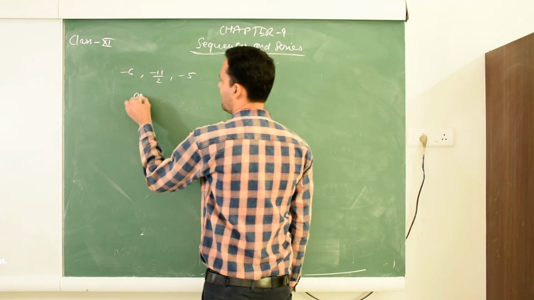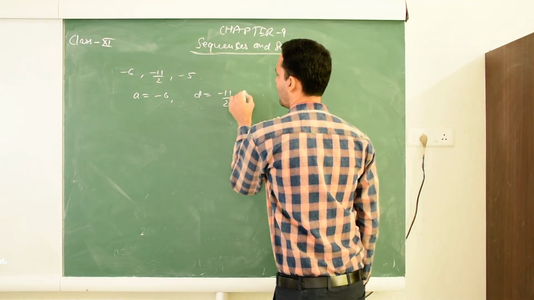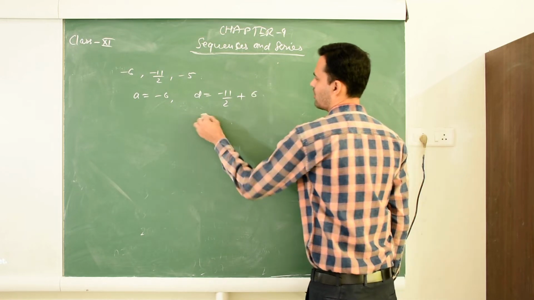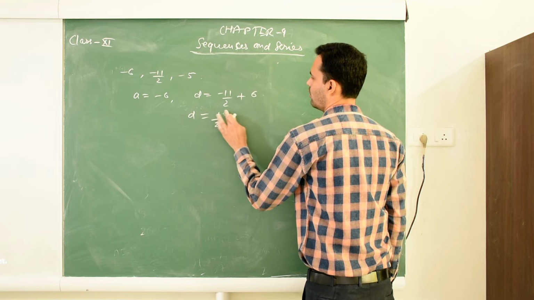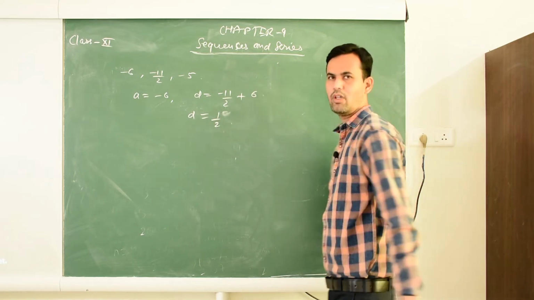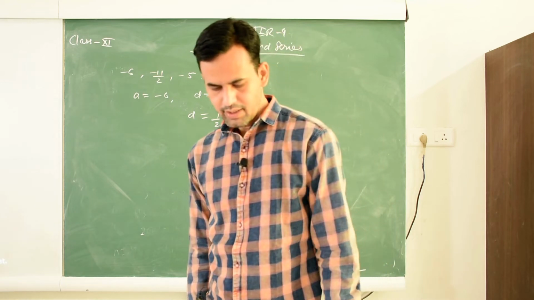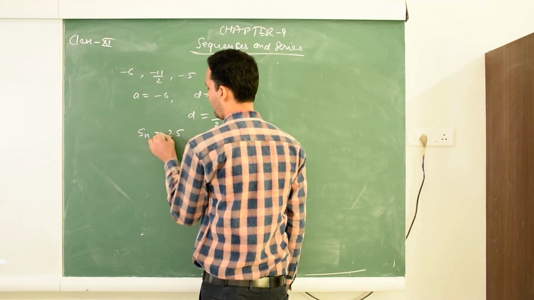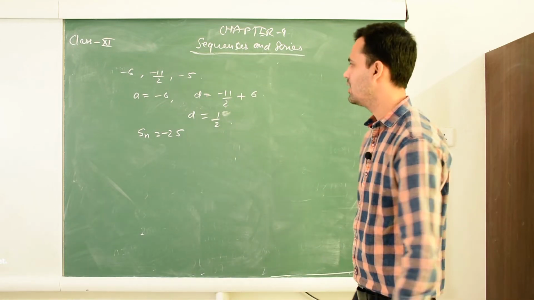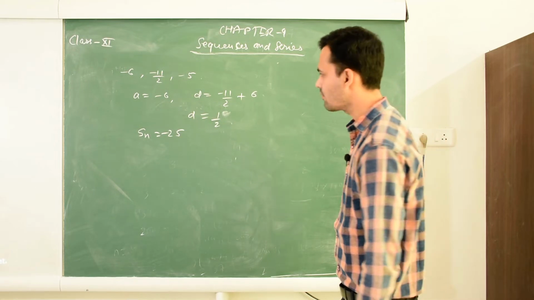So a is minus 6, d is minus 11 by 2 plus 6. So it is 1 by 2, because minus 11 plus 12 by 2 is 1 by 2. The value of d is 1 by 2, and Sn is given as minus 25.